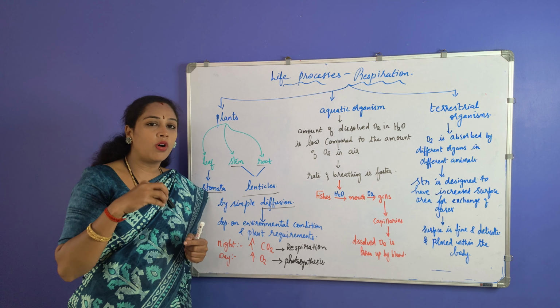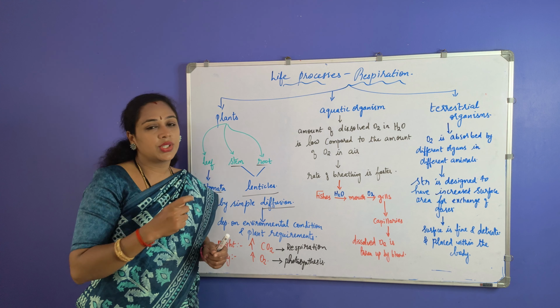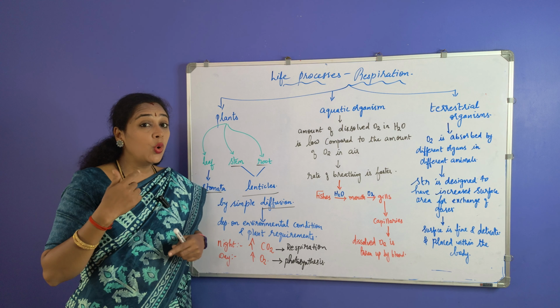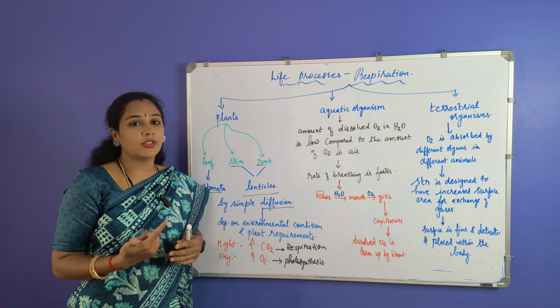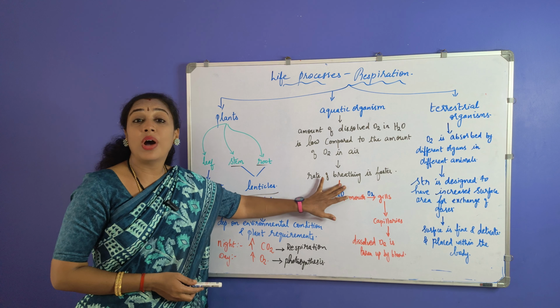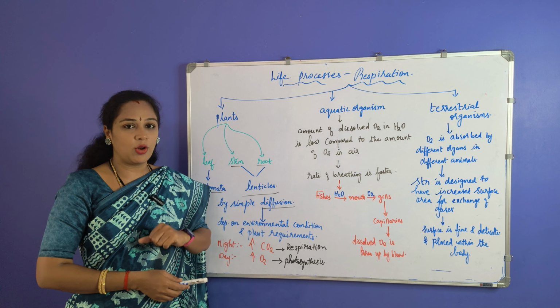So the oxygen is in dissolved form in the water, and the concentration is less compared to that in the open air in the terrestrial region. So aquatic organisms have to breathe faster, and thereby the rate of breathing is faster in aquatic organisms compared to terrestrial organisms.